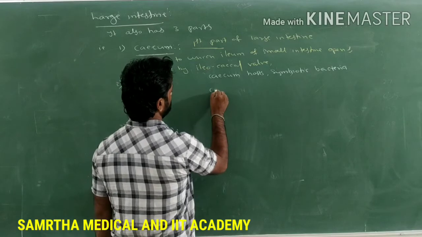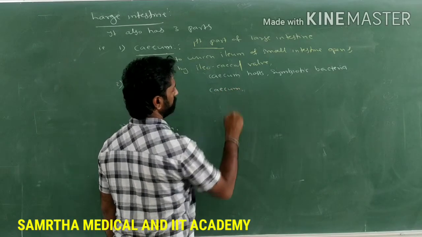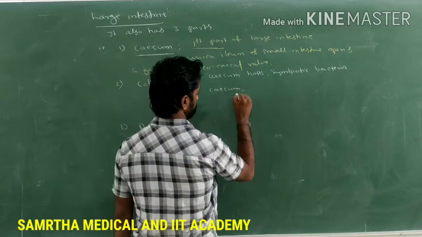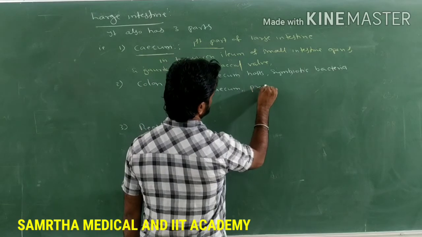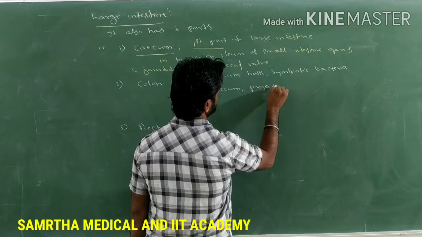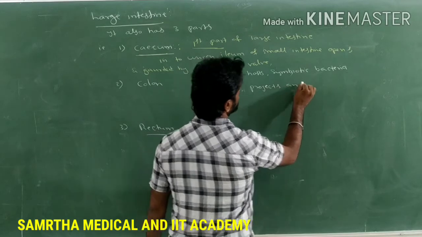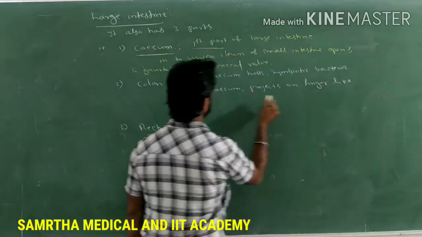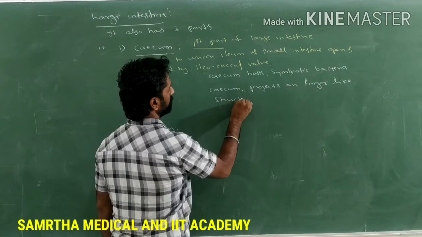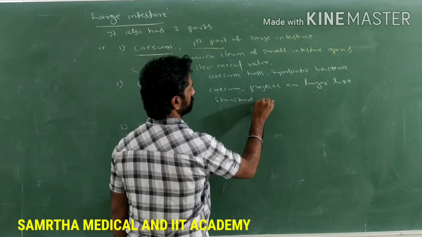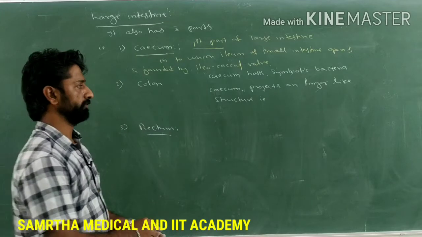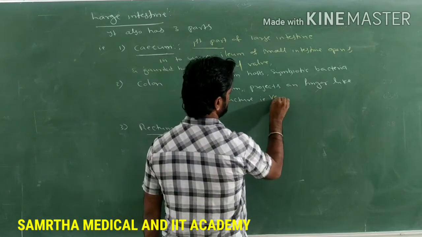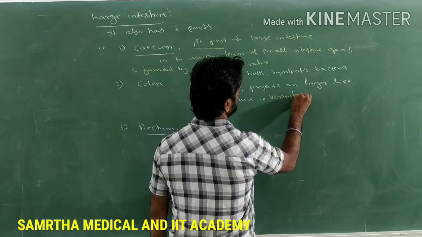A vestigial organ. From the cecum projects a finger-like structure. What is it called? That is the vermiform appendix.